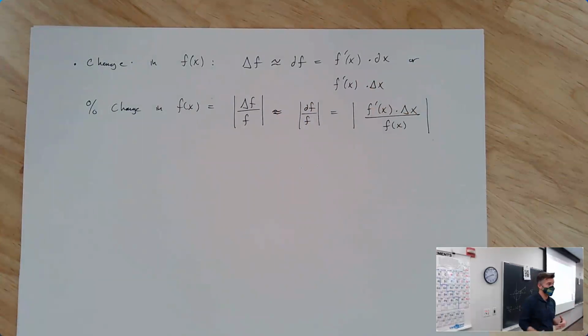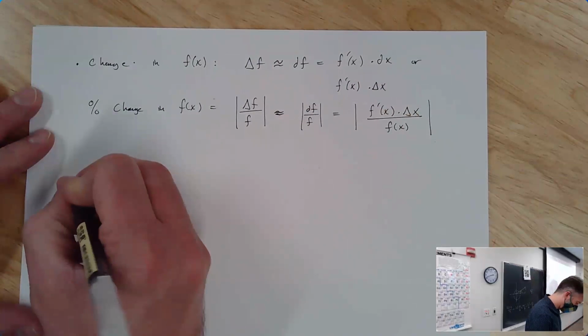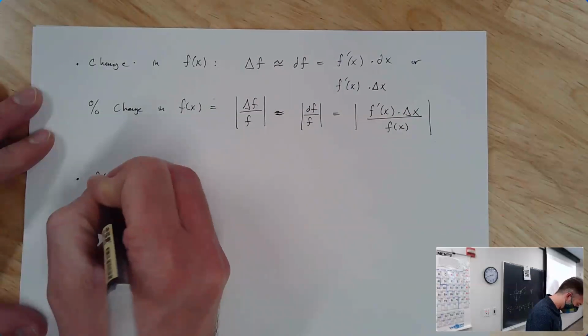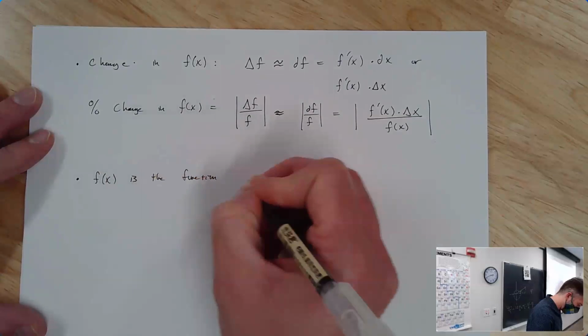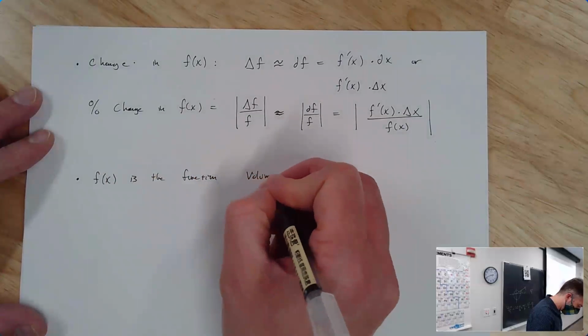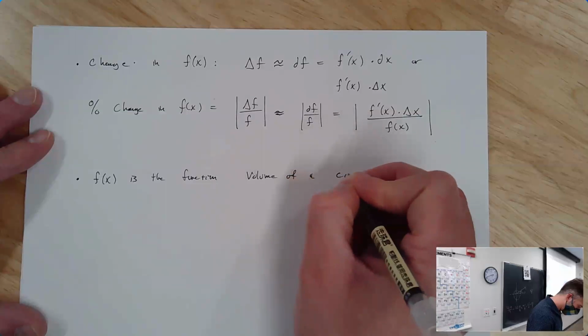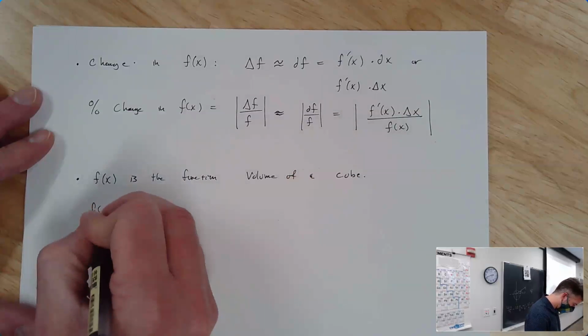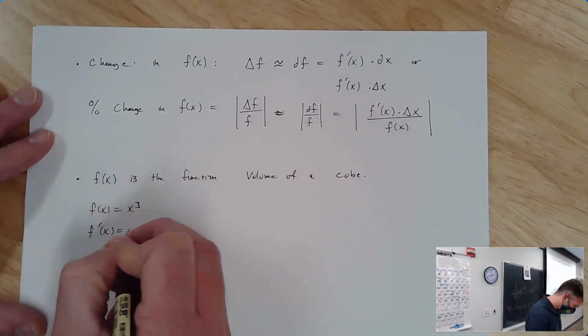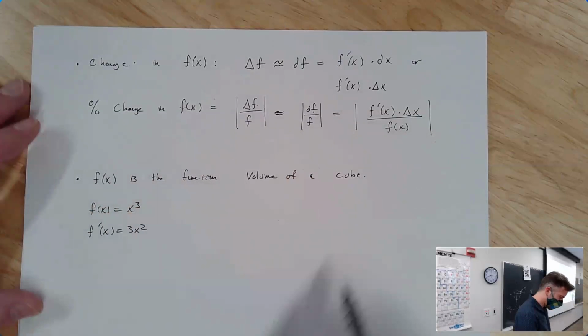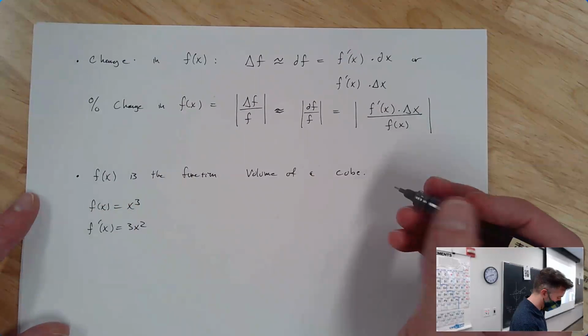Just as another example, if your function is the function for the volume of a cube, then f of x is x cubed, and f prime of x is 3x squared. This stuff simplifies really nicely.